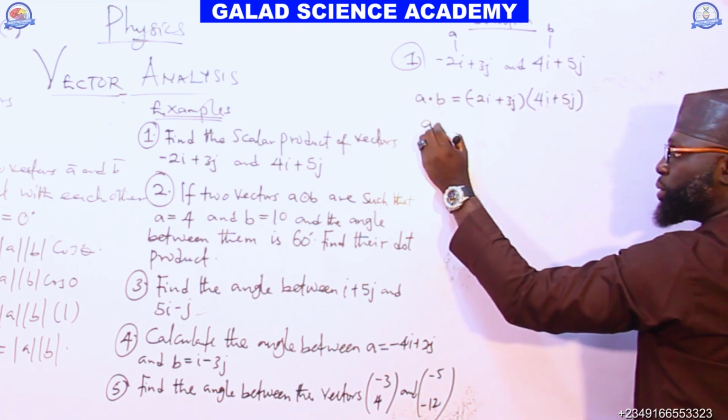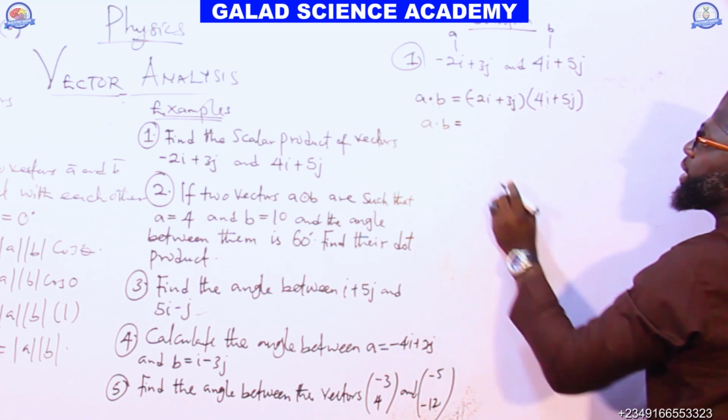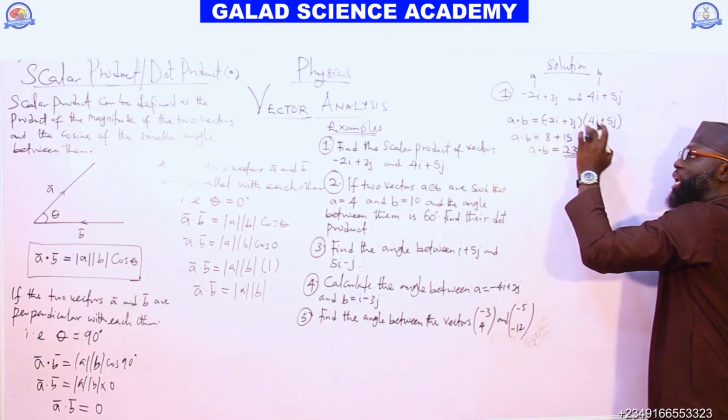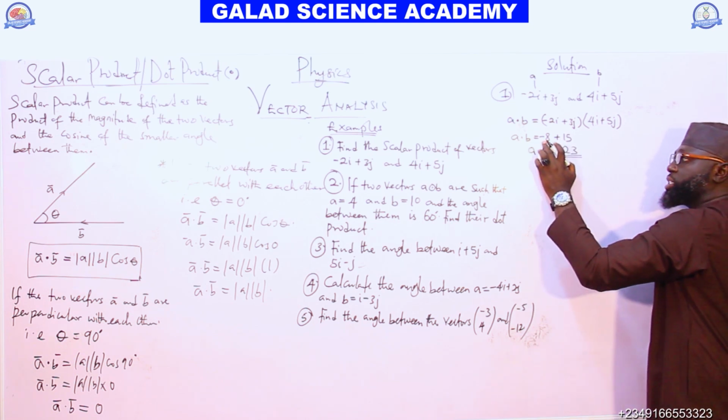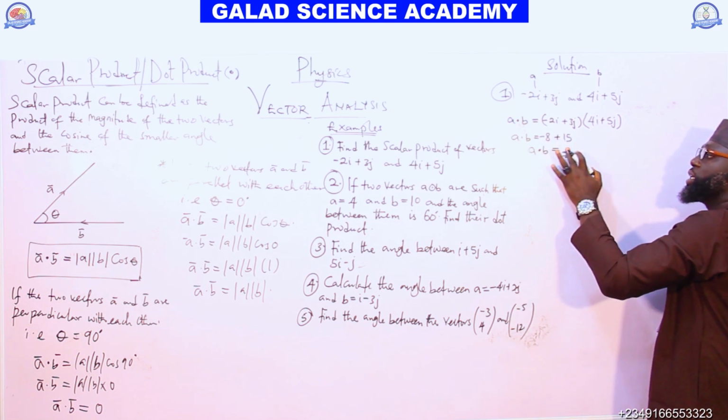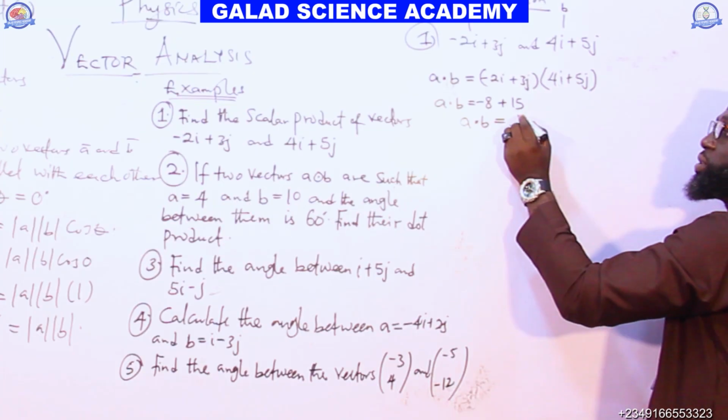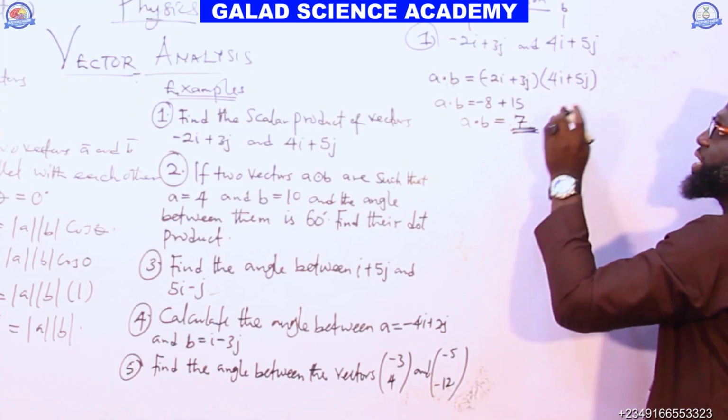So the scalar product will be minus 2 times 4, which gives us minus 8, plus 15, which gives us 7. So 7 is the final answer.